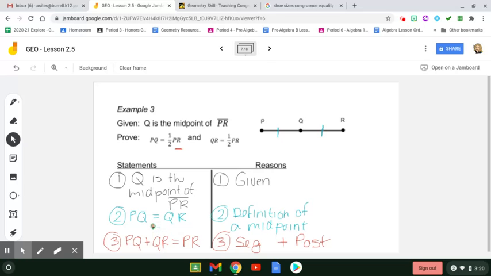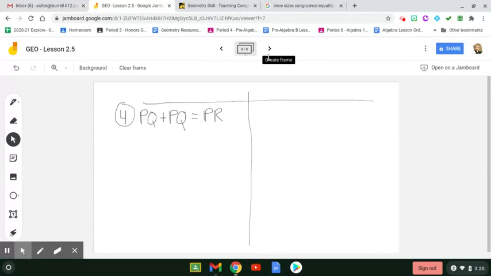How did I do that? Look right here at step 2. I said that PQ is equal to QR, right? So I'm going to put in a PQ in place of a QR, and the reason I can do that is because I'm substituting it in. So I'm going to say by substitution property of equality that I can do that.